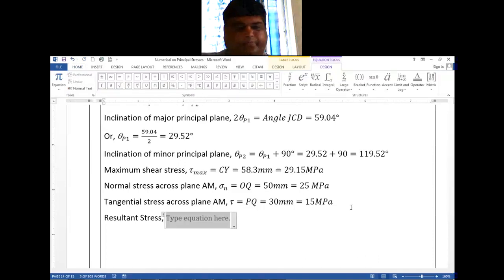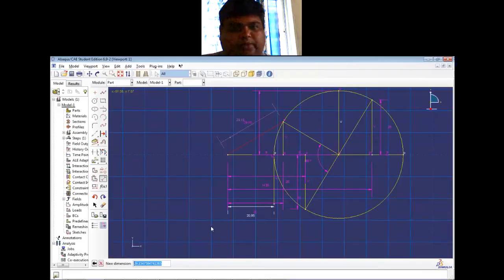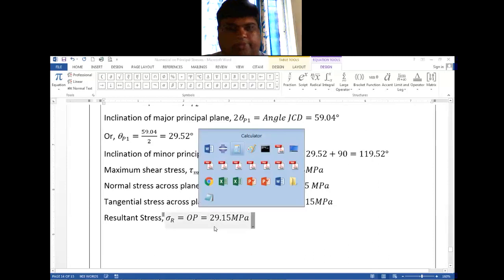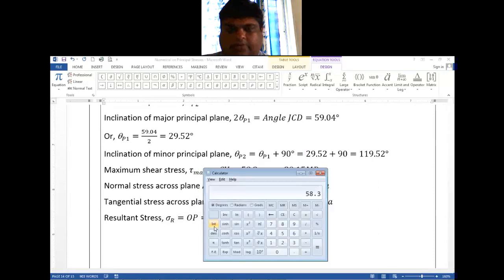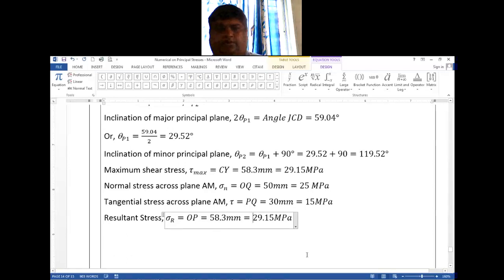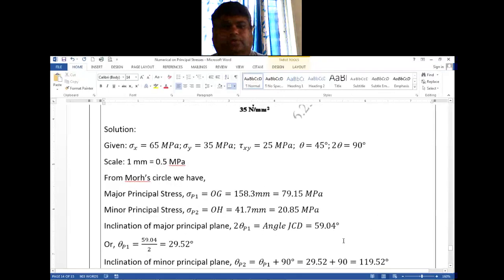Resultant stress sigma r is equal to OP, and that is, how much was that? 29.15 megapascal, 58.3 mm, right? So this is the solution for this.